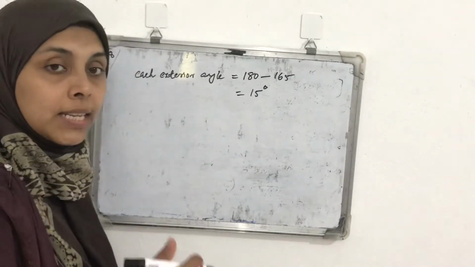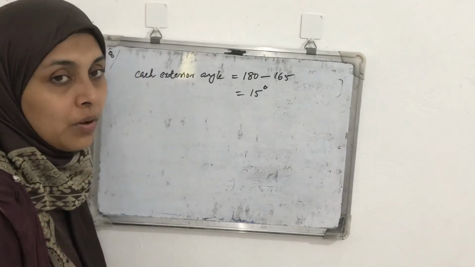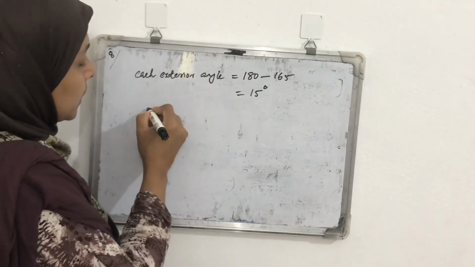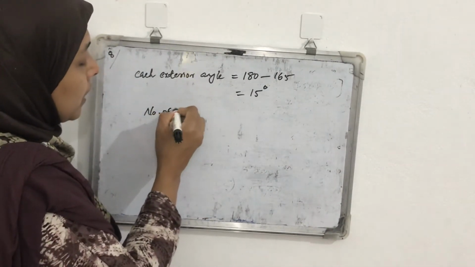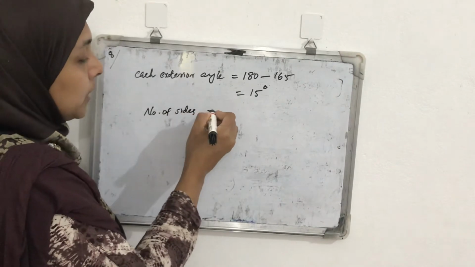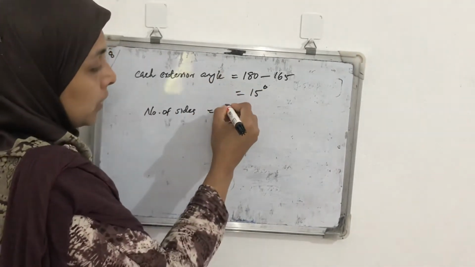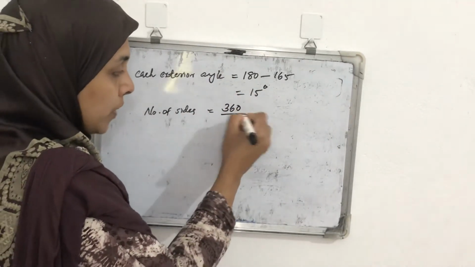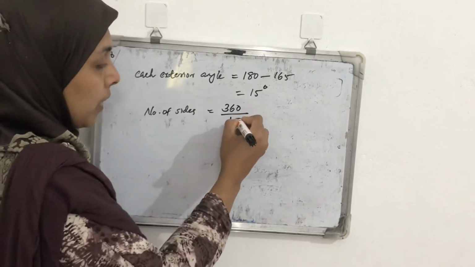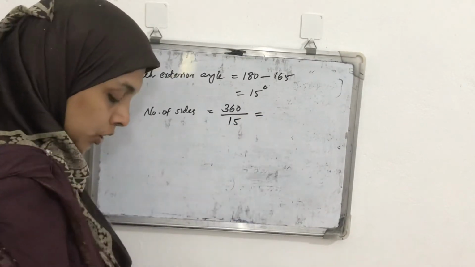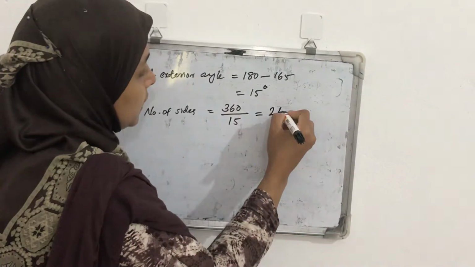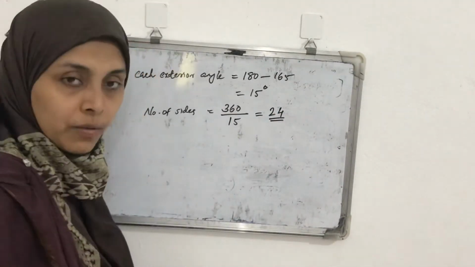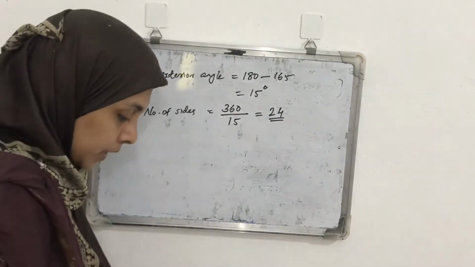How many sides does this polygon have? How can we do it? The number of sides will be found the same as in the first step: the total sum of the exterior angles divided by 15. So we will get the number of sides as 24. Okay, now next question.